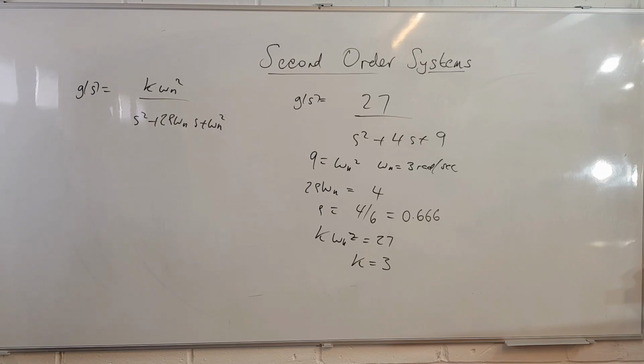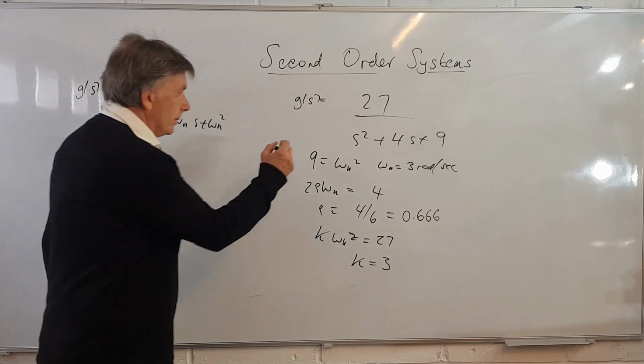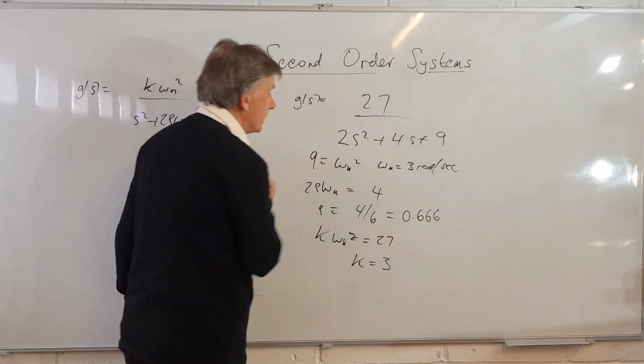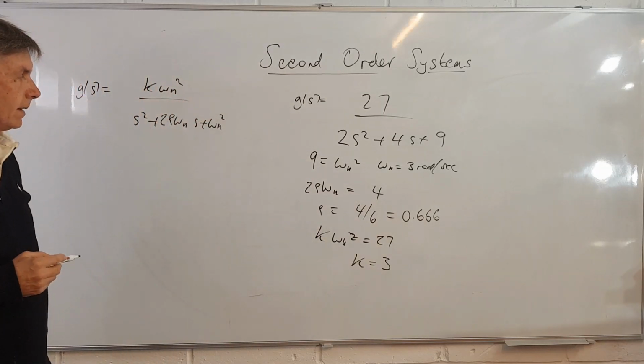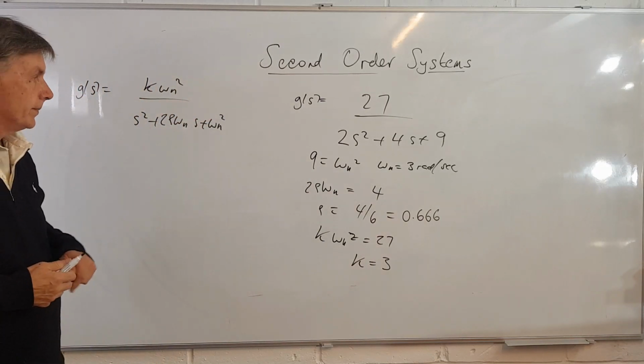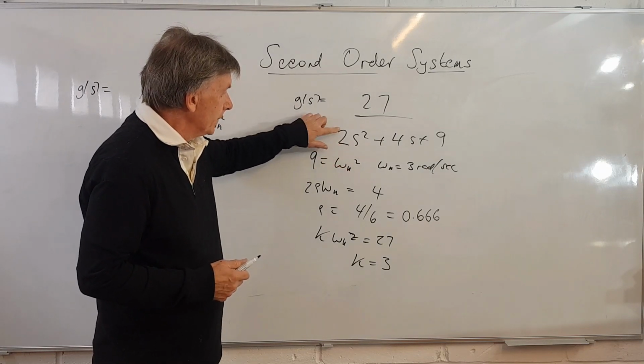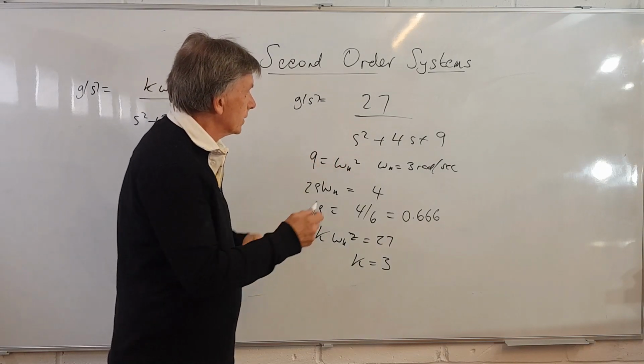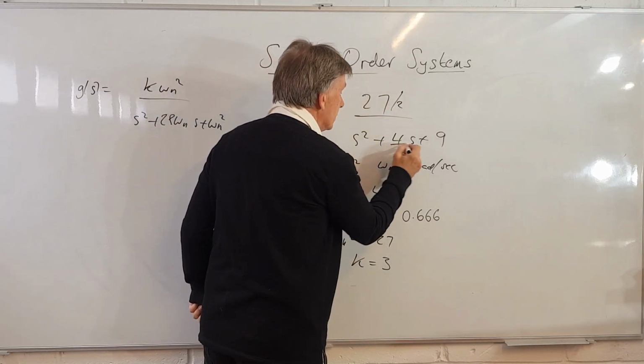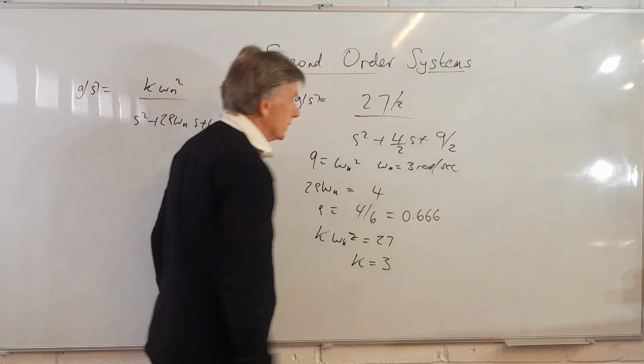Now in some situations it might be that we have some number here like 2. So in that case these calculations wouldn't work. We have to have a 1 in front here. So if we did have a 2 there, we'd have to divide everything by 2. So it becomes 27 over 2, 4 over 2, 9 over 2.